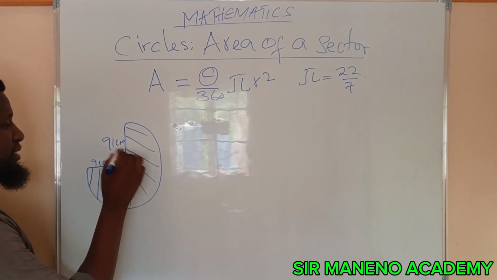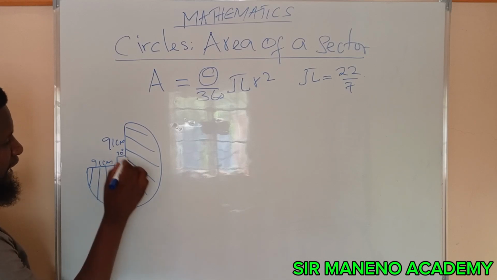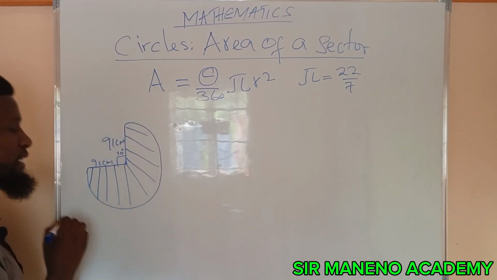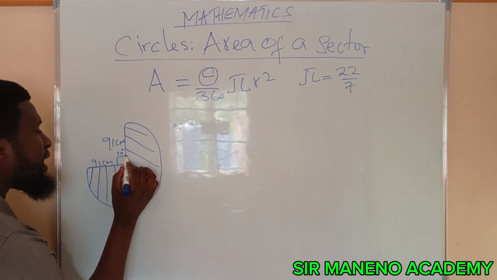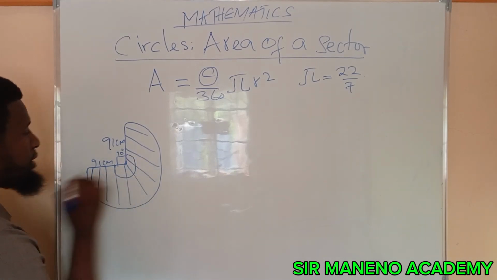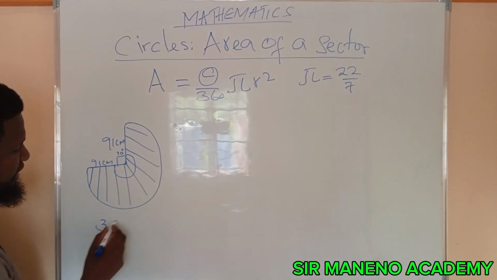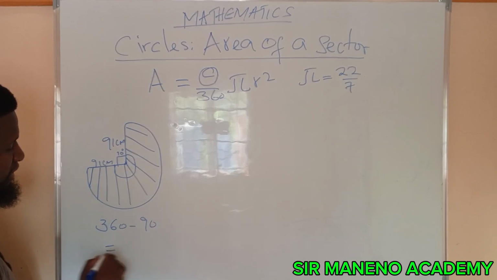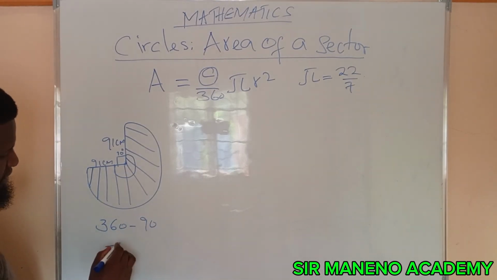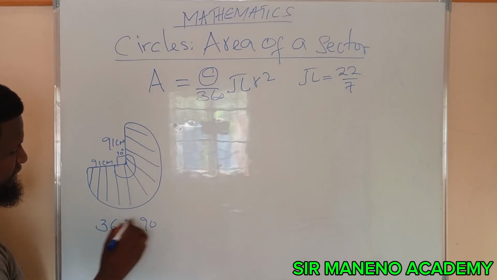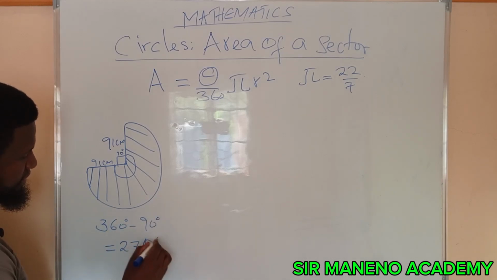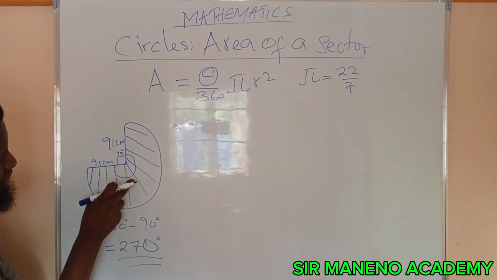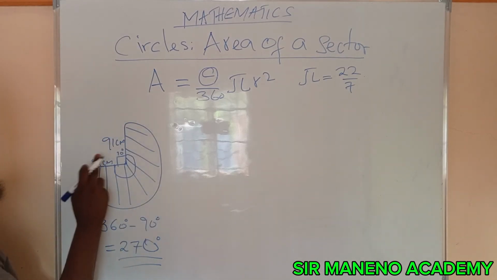This is 90 degrees. So, since the whole of the angle subtended at the center by the circumference is 360, for you to find this angle here is 360 minus 90. What do you get? 270 degrees. So, this is now the angle subtended by this arc.